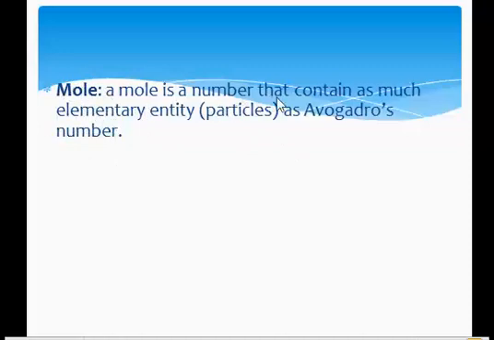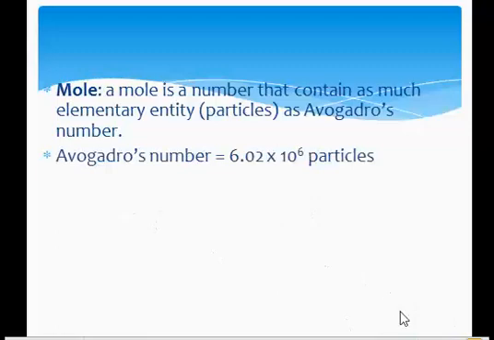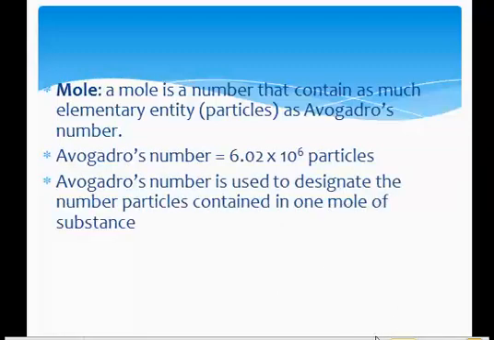A mole is a number that contains as much elementary entities or particles as Avogadro's number. We use a mole to designate the number of particles, or even the number of atoms, that is in a substance.